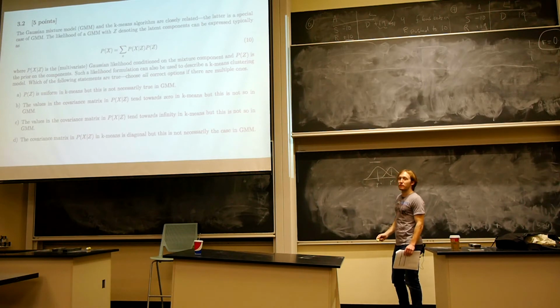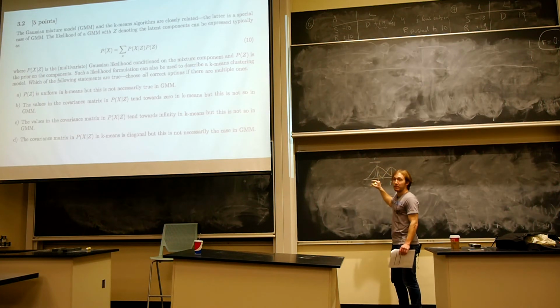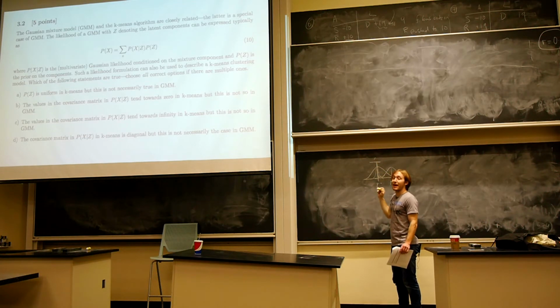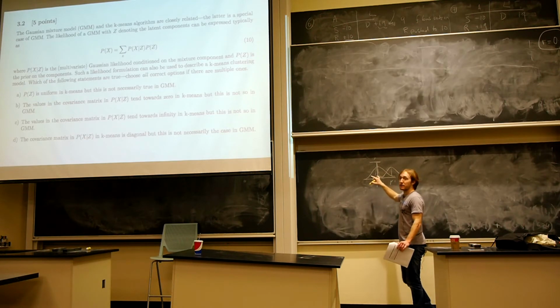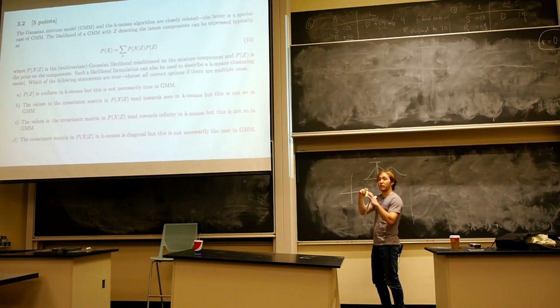And k-means, the behavior you'd get is as if you shrunk these down to points and looked at what the EM updates would give you. Eventually, when you shrink it down to just a pure point mass on the mean, you get the k-means updates. So this question is asking, if you look at this in higher dimensions, say 2D Gaussians, the covariance matrix is like the shape of the oval of the Gaussian.